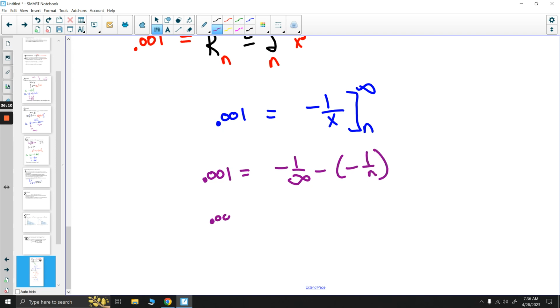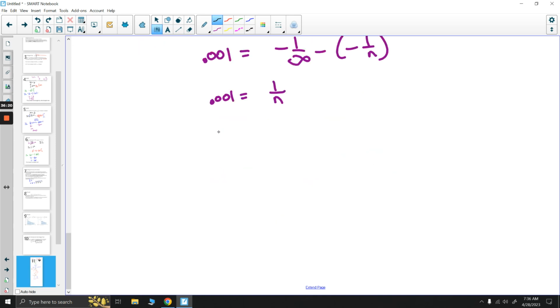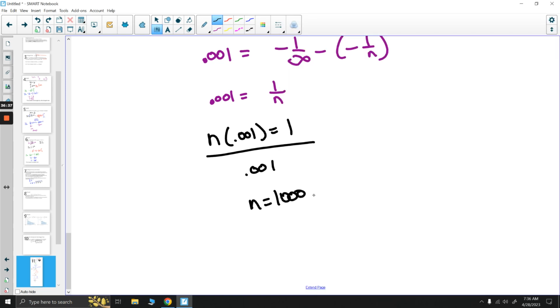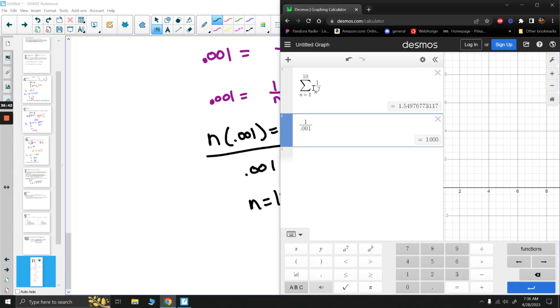That is, 0.001 is equal to 1 over n. Multiplying by n, n times 0.001 is equal to 1. So dividing by 0.001, we get n equals 1 over 0.001, which is 1,000. So if we want to be that exact, we need to take our partial sum to the 1,000th. And hey, guess what? We can do that if we needed.